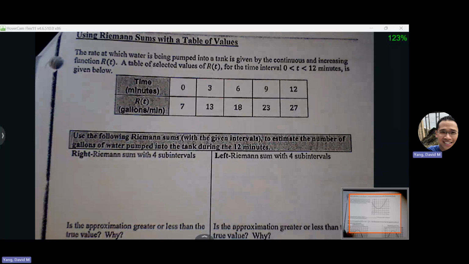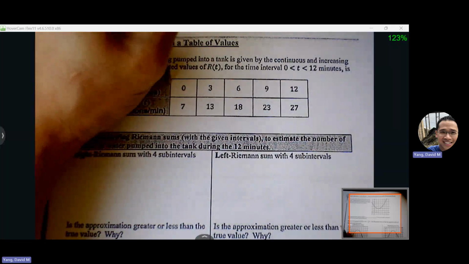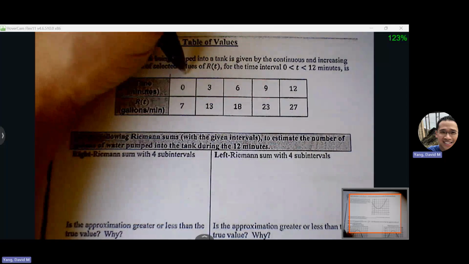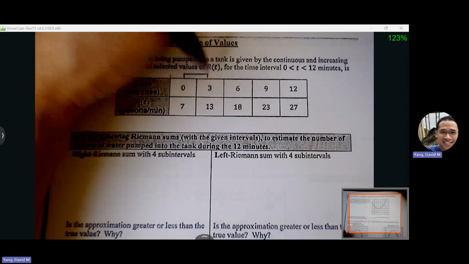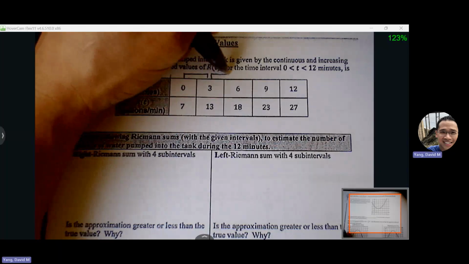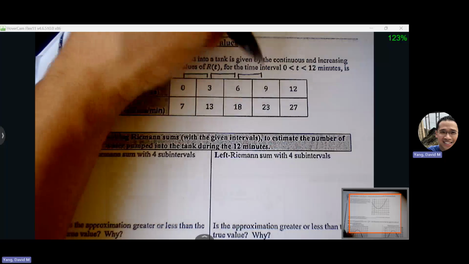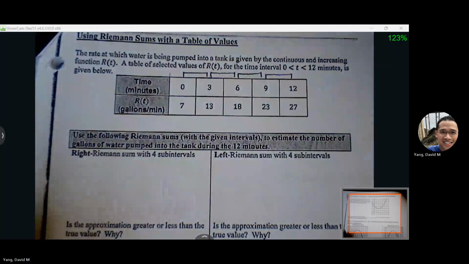The way you draw intervals, you go from point to point, so don't start at the ends. From 0 to 3 is the first interval, 3 to 6 is the second, 6 to 9 is the third, and the last interval is from 9 to 12.